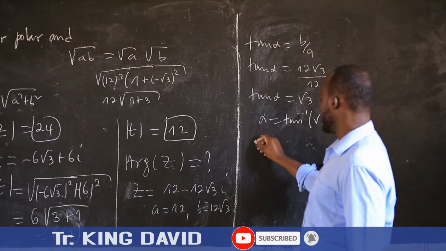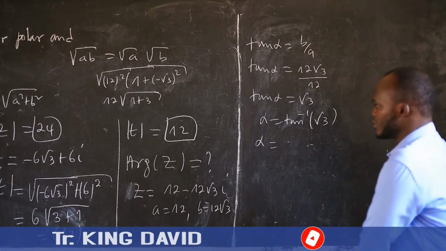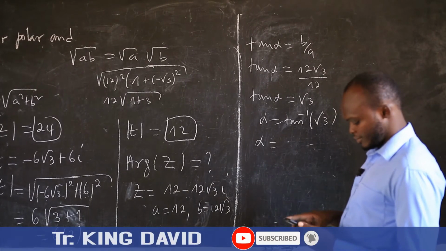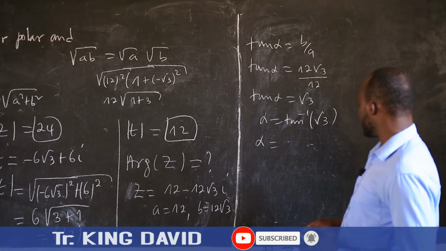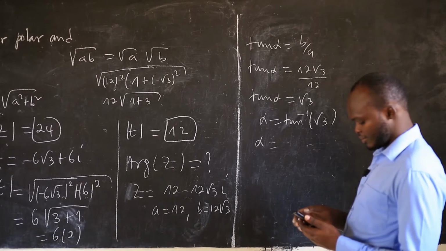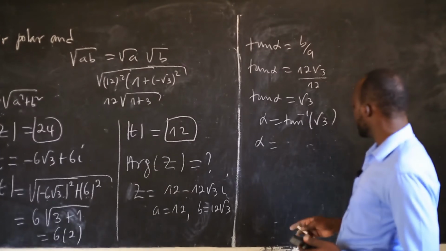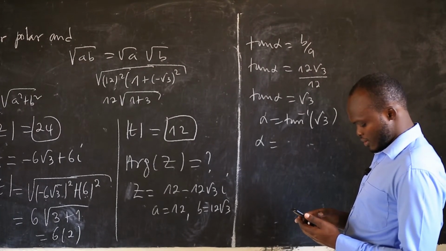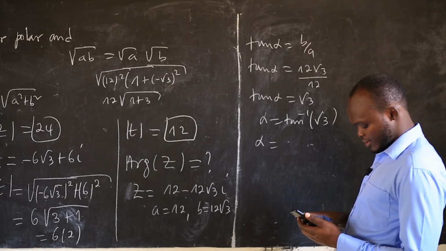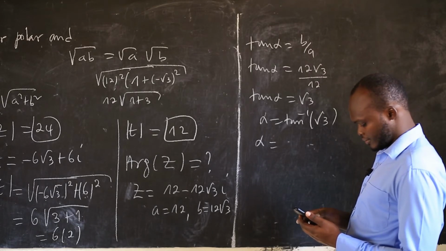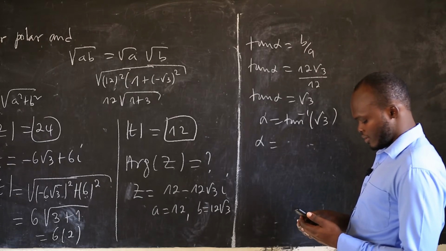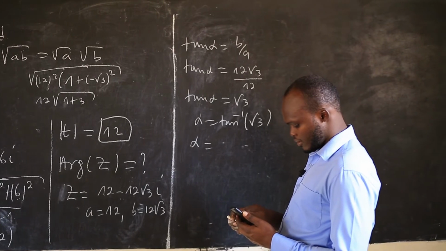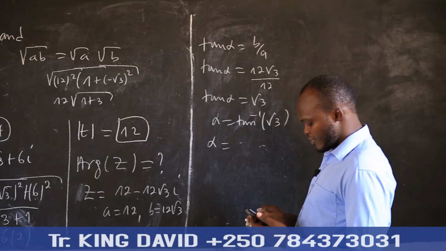So then alpha is, let us use the calculator to find tan inverse of root 3.